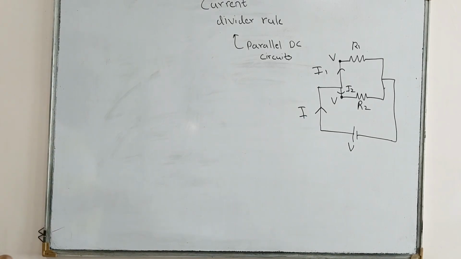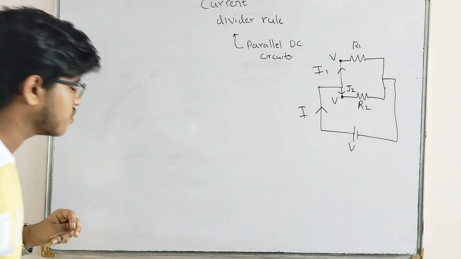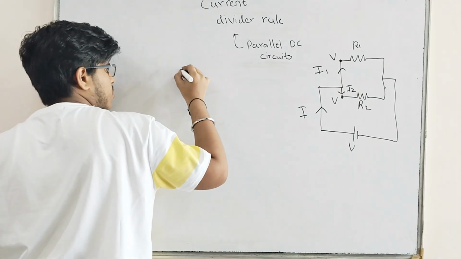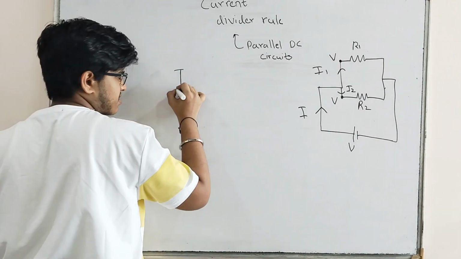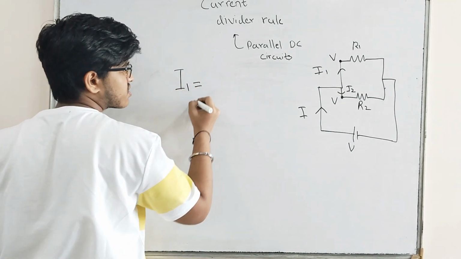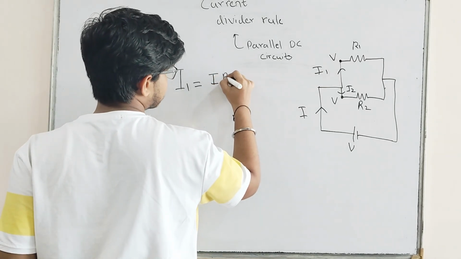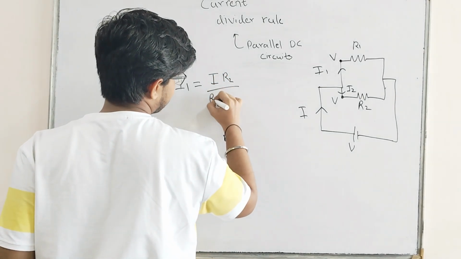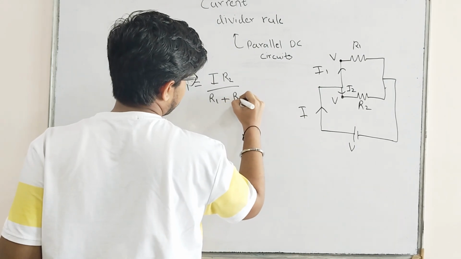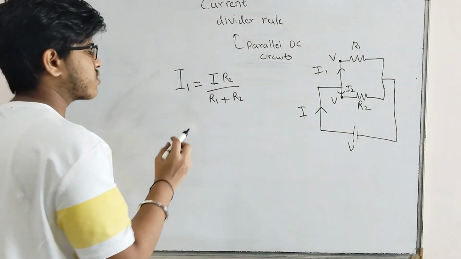Now let us understand current divider rule. So you can remember direct result of this, which is I1 is equal to I R2 upon R1 plus R2. Okay, you can note it.